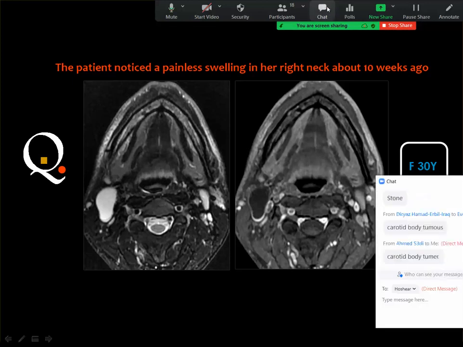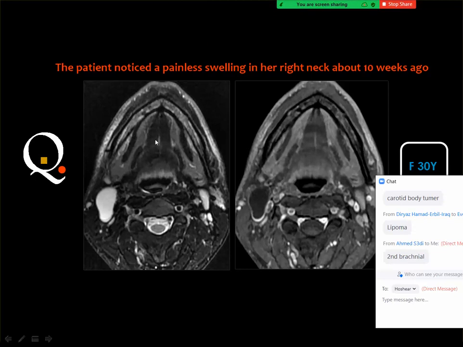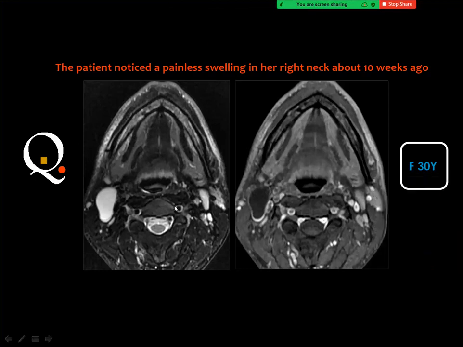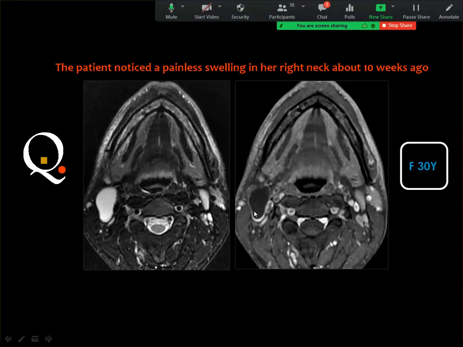This is T2, not T1. Second branchial cleft cyst, yes, second arch. Typical location: anterior to the sternocleidomastoid muscle, posterior to the submandibular salivary gland, lateral to the carotid vessels. Okay.